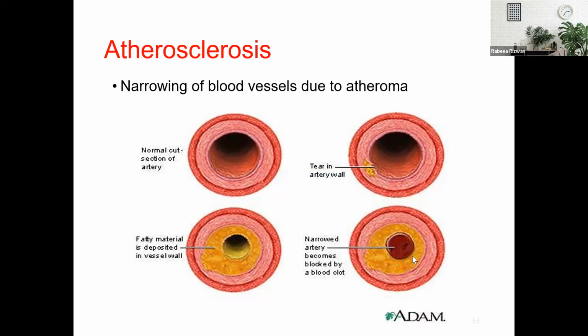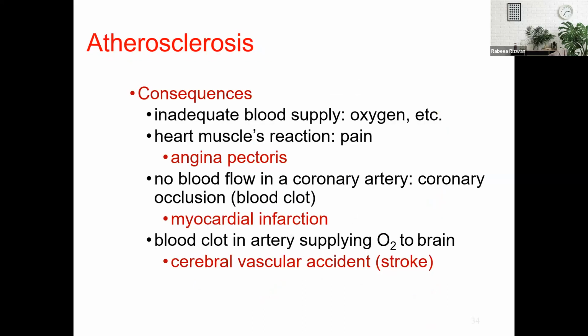It may sometimes also be called a blood clot. It means the blood flow is stopped, it is clotted, it is frozen, so there is no more blood supply to that specific organ where this blood vessel is supplying the blood. So as a result, there is no oxygen supply, no nutrition.